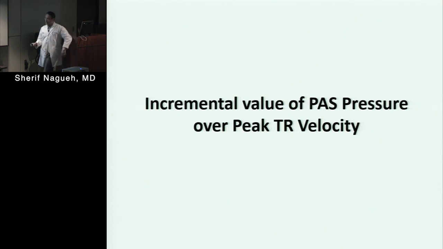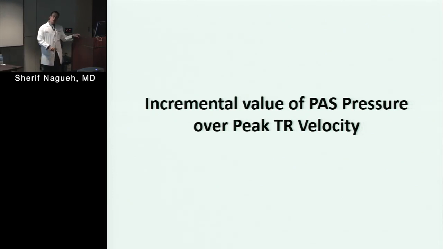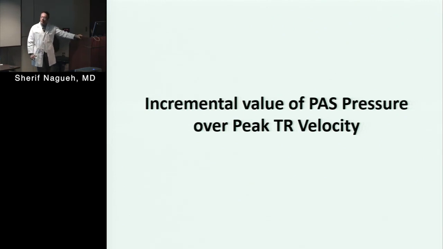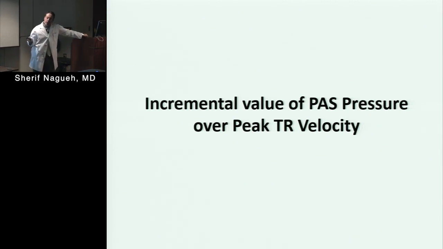Other questions: the writing group went with the recommendation of using peak TR velocity as opposed to PA systolic pressure. The European colleagues' point of view was that they have pulmonary hypertension guidelines, which de-emphasize PA systolic and emphasize more peak TR velocity, so let's use that here as well.